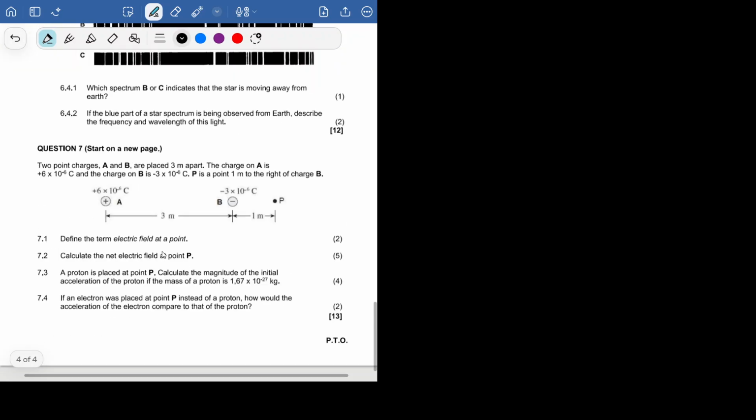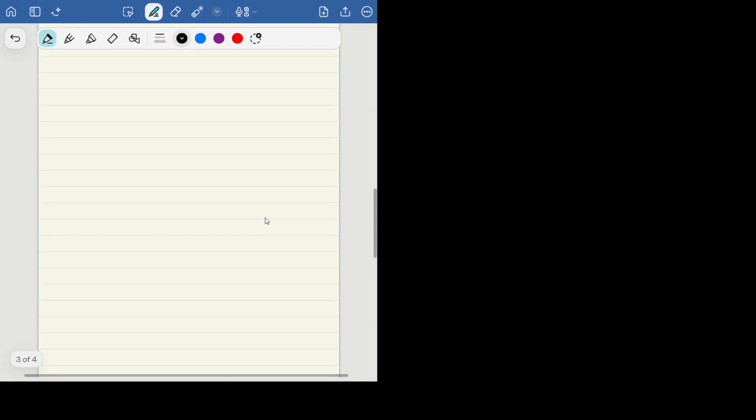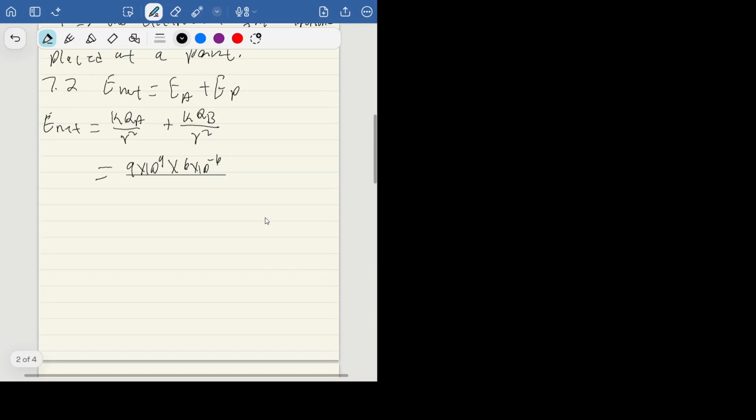So the distance they said it's 3 plus 1, so it's 4. So into 4 squared, then plus 9 times 10 exponent 9 times minus 3 times 10 to the power of minus 6 over 1 squared.